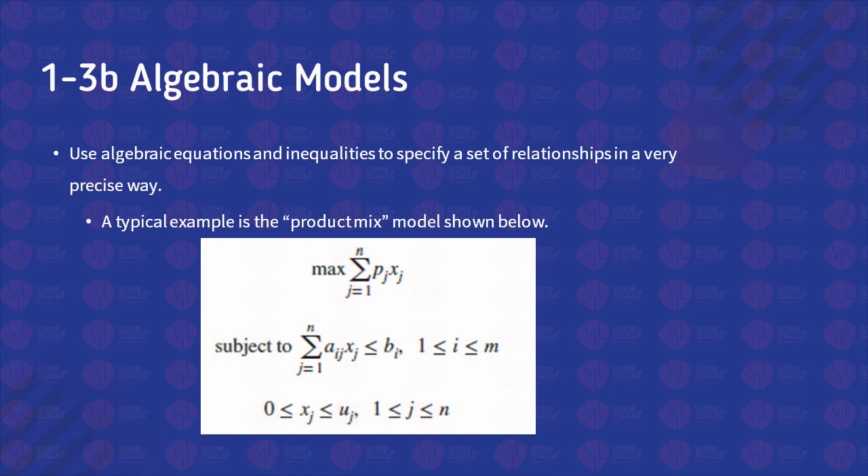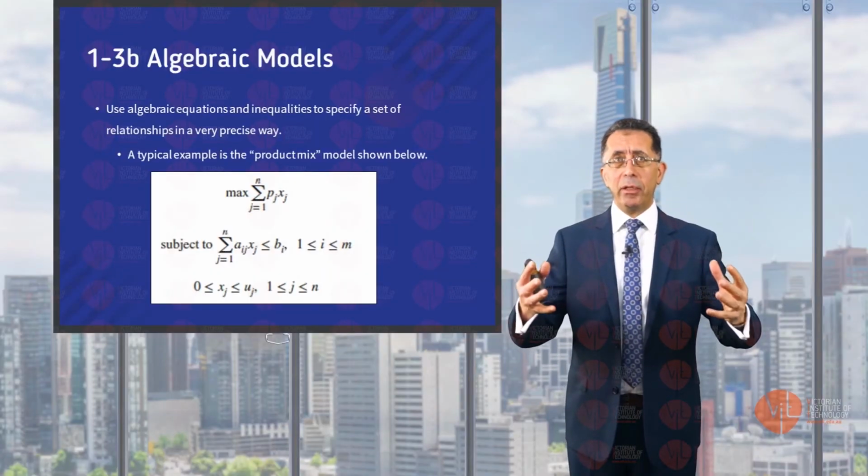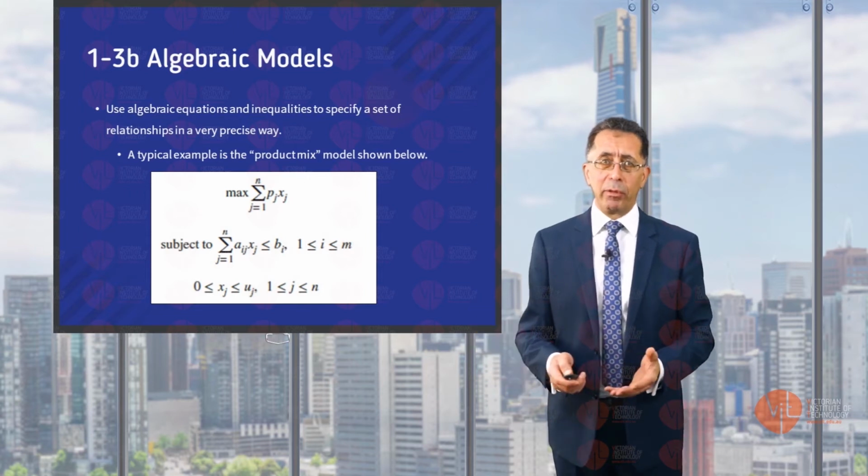And this is a product mix. It is a typical example of a product mix model, shown below. Now, this is about the sum of a function. I'm not going to go into the detail, but it is about the symbols that a formula may represent in the model.